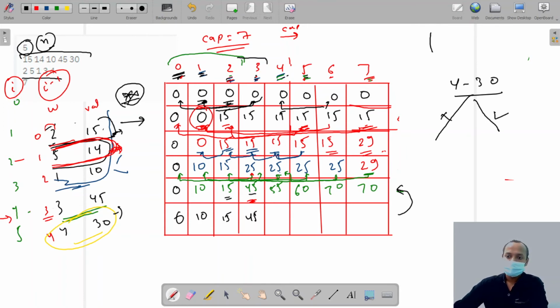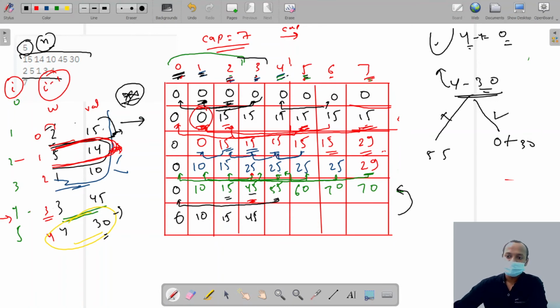Now at this point, the capacity of the bag is 4. First we exclude this item. So what is the capacity of the bag? 4. So here we get 55, right? Now if we put this item in the bag, then the capacity is 4 minus 4, which is 0. So we check here, and we get 0, plus the value of this item, which is 30.